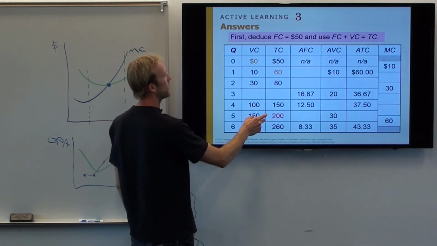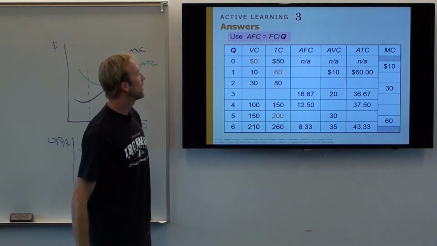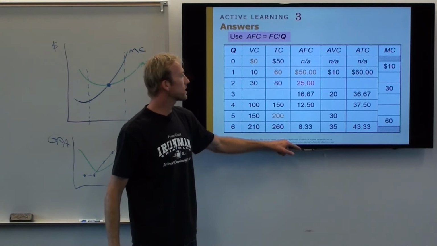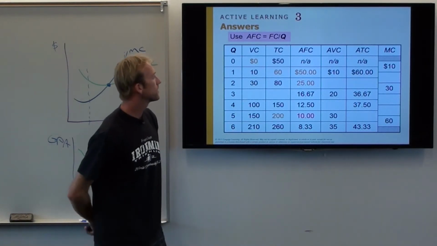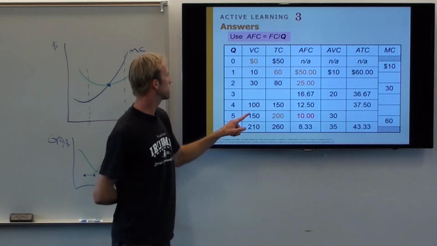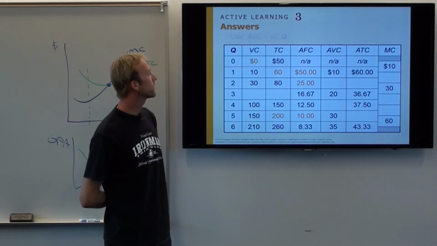And then the same thing here. This plus 50 has to equal 200, okay? Then you go average fixed cost divided by the quantity, and so you've got these guys right here: just 50 divided by 1, 50 divided by 2, 50 divided by 5. You've got these guys right here, okay?